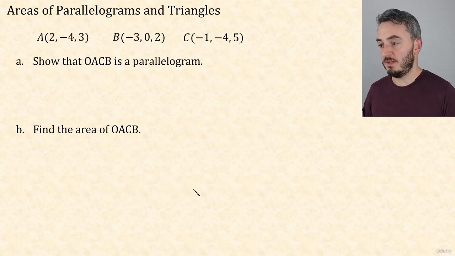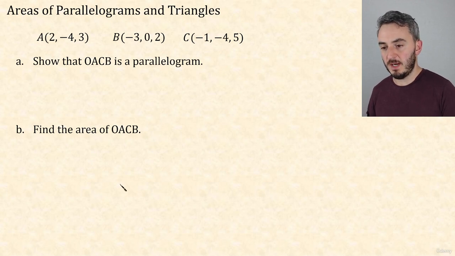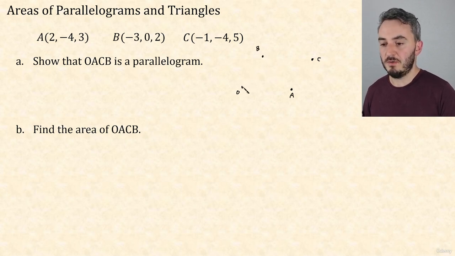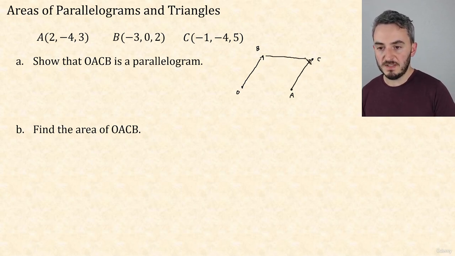So show that OACB is a parallelogram. Okay, well, to show something's a parallelogram, we need to show that the sides are parallel. So if we had OACB, to show this is a parallelogram, I need to show that OB is the very same vector as CA, and I need to show that BC is the very same vector as OA.